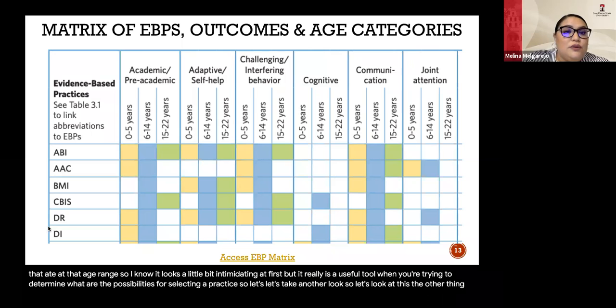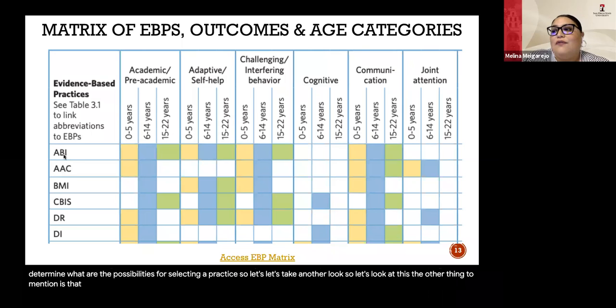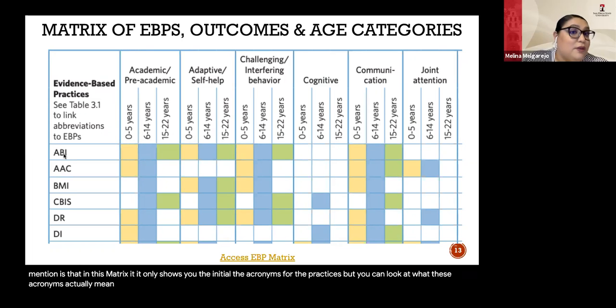The other thing to mention is that in this matrix, it only shows you the initials, the acronyms for the practices, but you can look at what these acronyms actually mean in the report. So let's look at ABI, which stands for antecedent-based intervention.